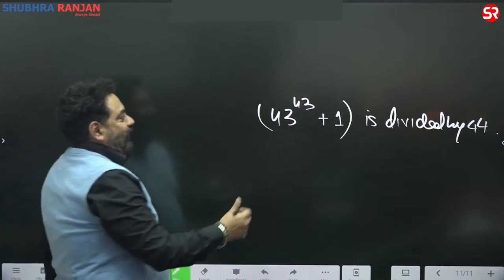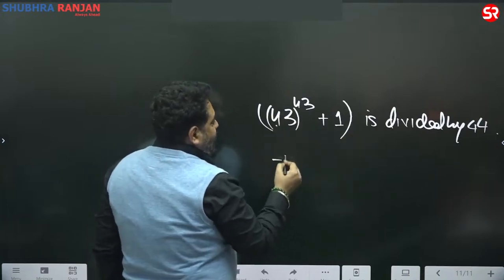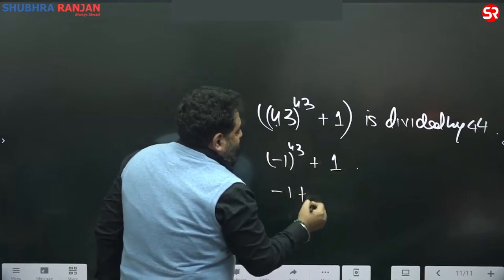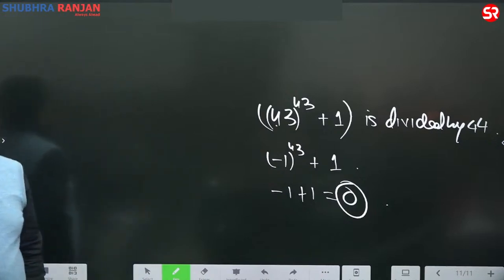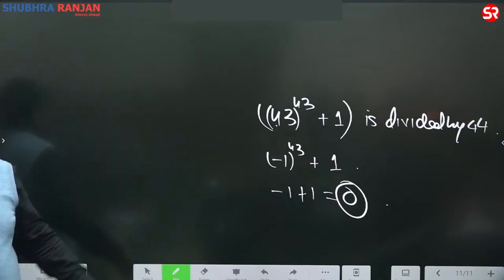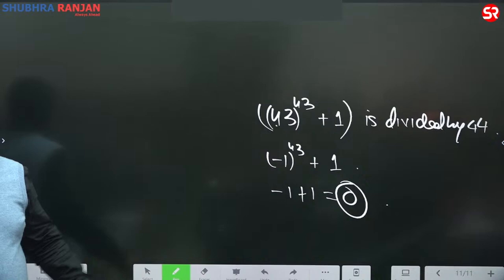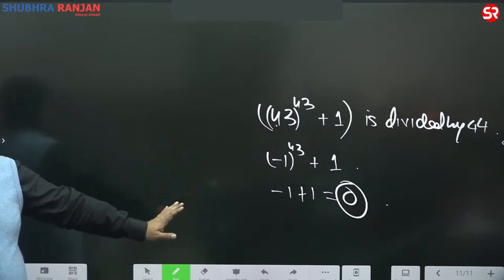See, brilliant. It is 43 to the power 43. 43 when divided by 44 gives minus 1, so minus 1 to the power 43 plus 1, which is minus 1 plus 1, remainder 0. Finished. That is where you guys get confused in questions. Now is it okay? Directly we can sort it out. Very easily we can sort it out.